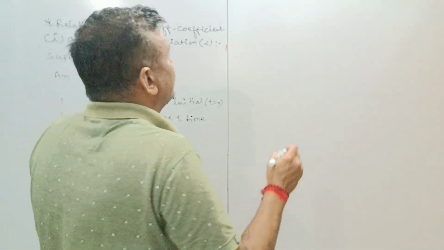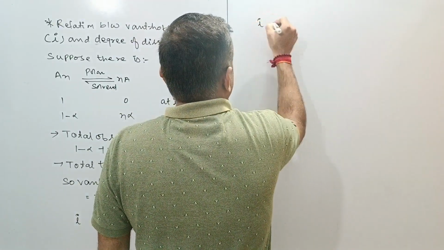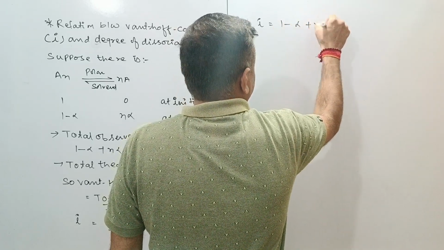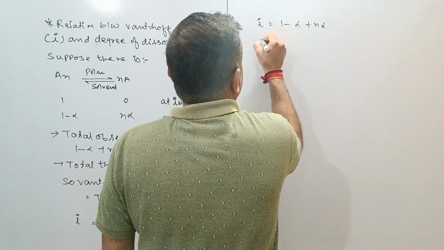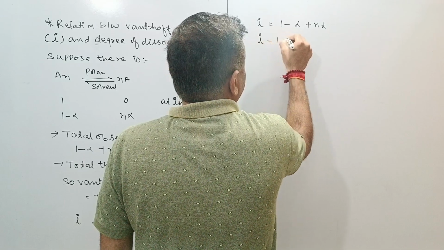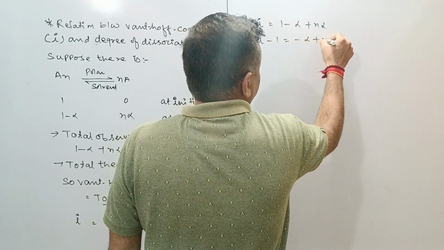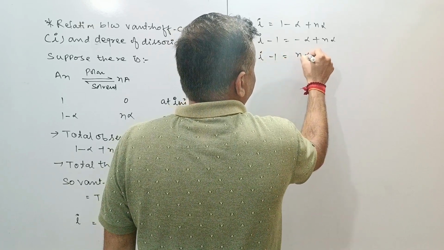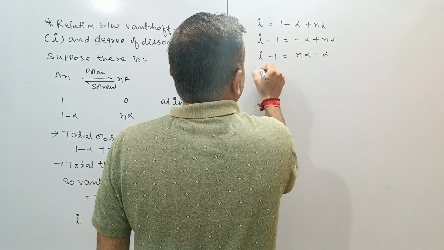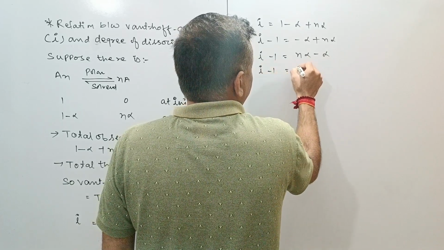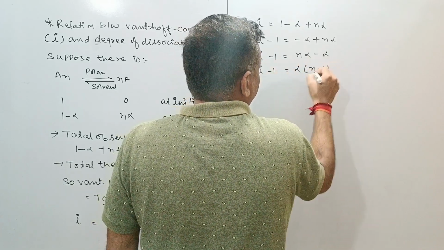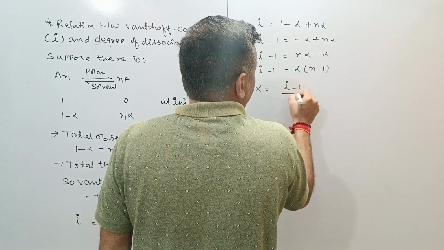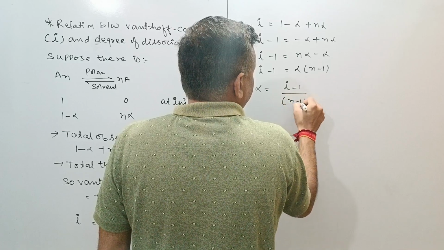If we go further, then i is equal to 1 minus alpha plus n alpha, and we can write i minus 1 is equal to minus alpha plus n alpha, and i minus 1 is equal to n alpha minus alpha. i minus 1 is equal to, alpha is common, so it will be n minus 1 times alpha, so alpha is equal to (i minus 1) upon (n minus 1).